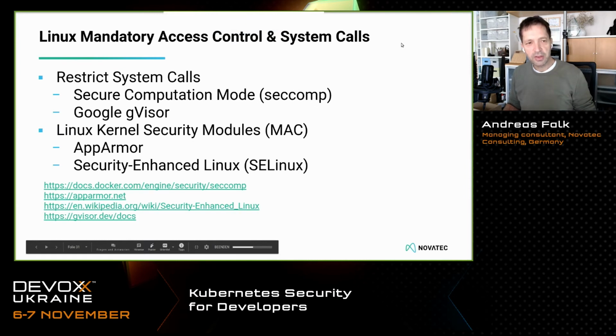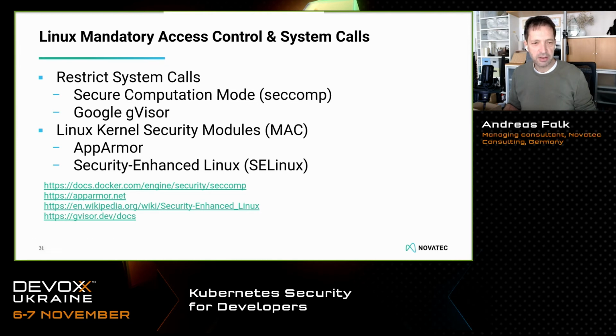So we have also the Linux mandatory access control system calls. I would skip that part for now. I just would mention that with gVisor, for example, you could have sandboxing functionality where you can sandbox your container in another sandbox. So the breakout is even more difficult.